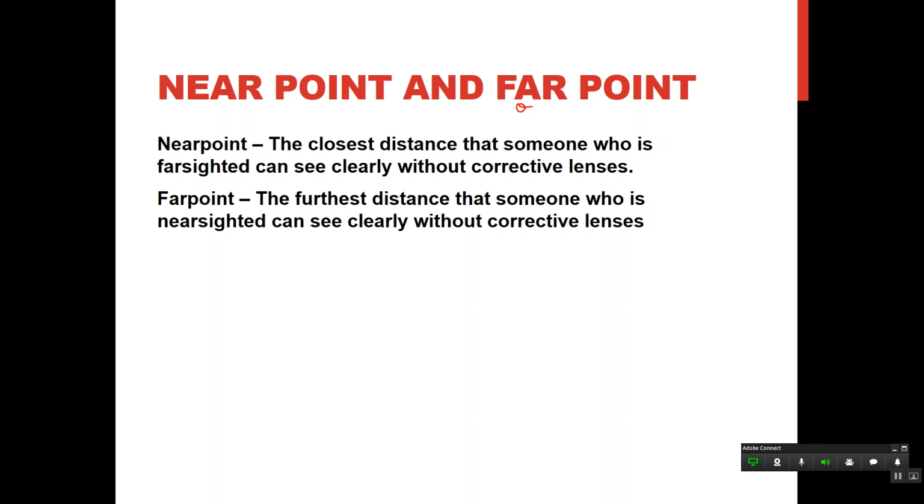If you're farsighted, that means you can see things that are far, but not things that are close, right? And so there's a definition of a point where an object goes from being comfortably far enough for you to see, to the point where you can't see anymore.